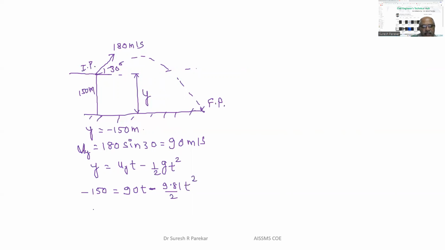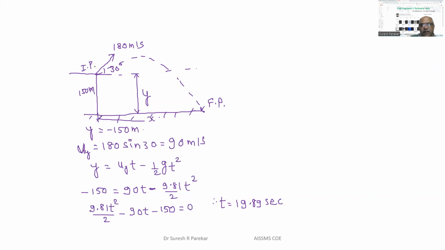And we will rearrange the terms. We have 9.81 t square by 2 minus 90t minus 150, which is equal to 0. And solving this, we will get value of t that is equal to 19.89 seconds.